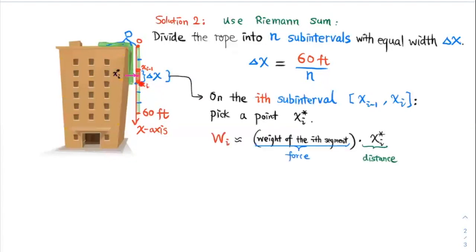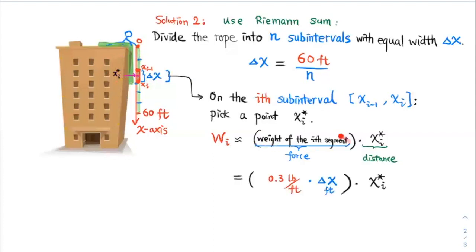The work done on this i-th segment will be approximately equal to the weight of the segment times the distance that this segment moves. Now, because delta x is small, we can consider this segment is going to move xi star distance to the top.